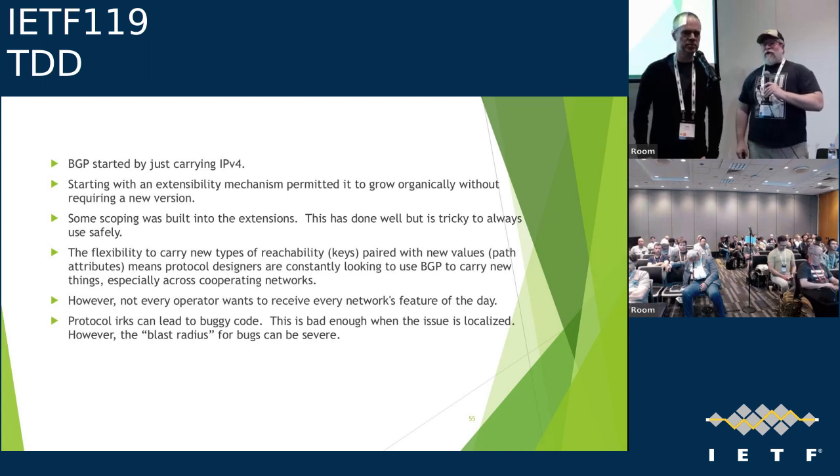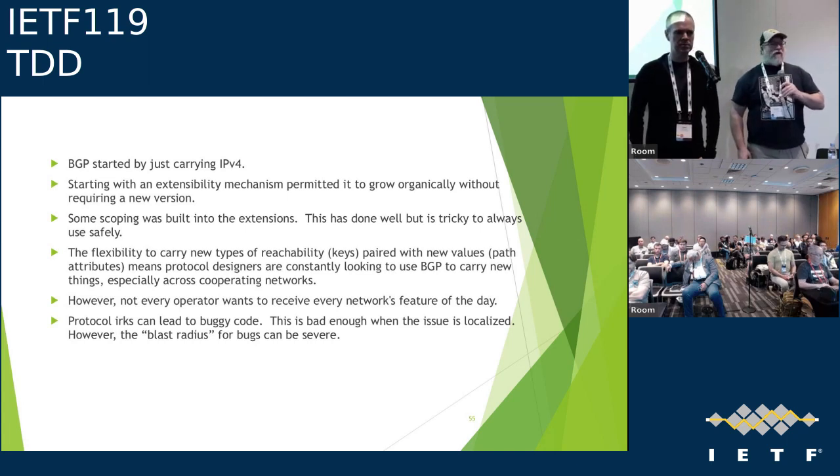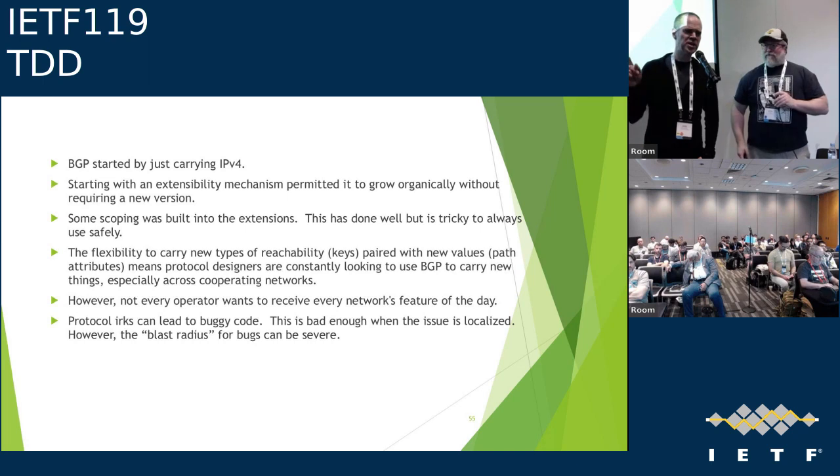Internet service providers don't want the VPN feature of the day crashing their network. And a lot of our discussion on Thursday is going to go over how do we shovel additional things in the BGP, and when is that good, when is that bad? But the answer is it's good when it's my feature and it's bad when it's your feature.